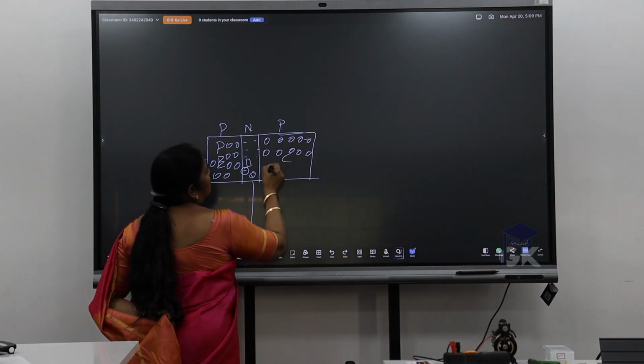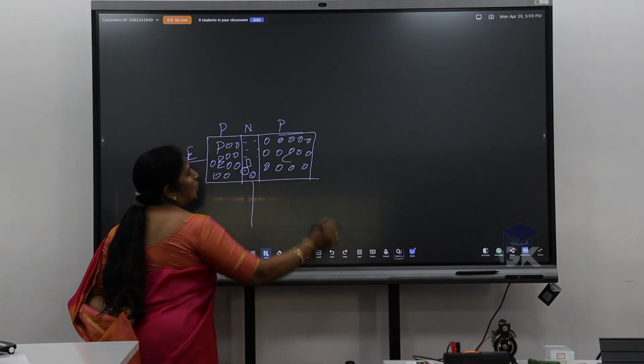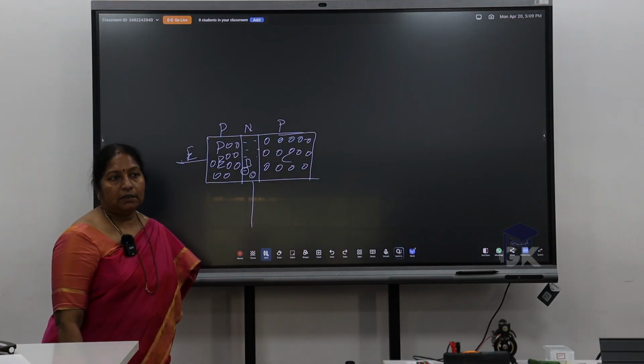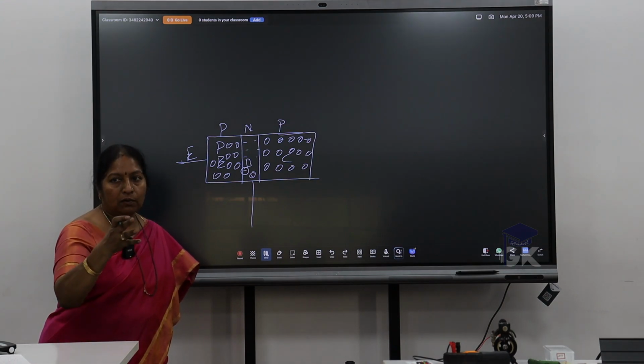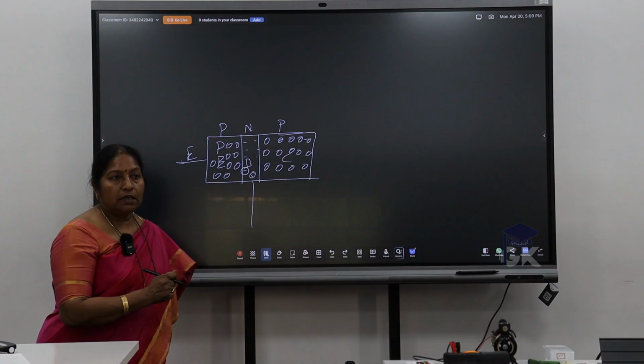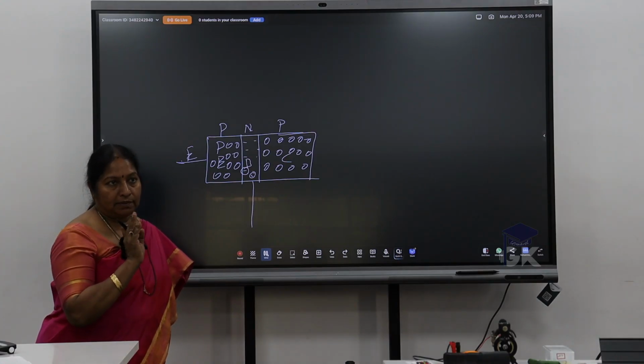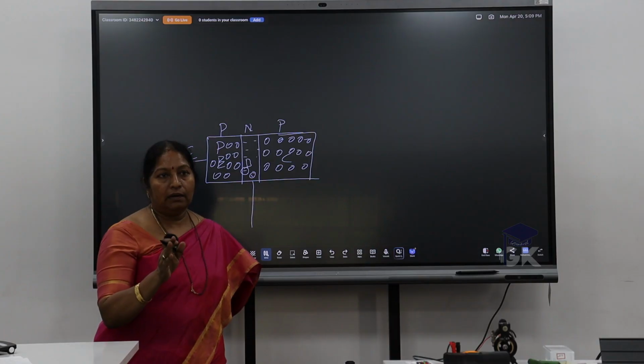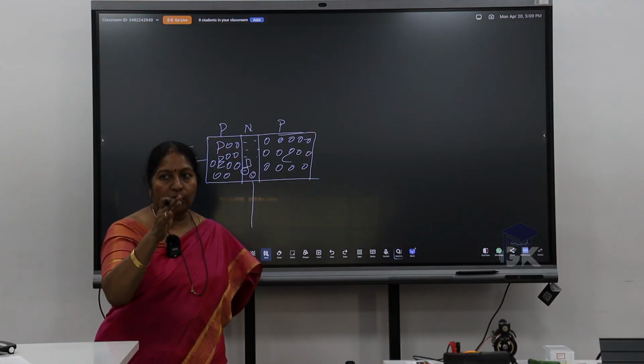Do the holes move? No. The free electrons jump from one hole to the other hole and the conduction takes place. Holes will never move.